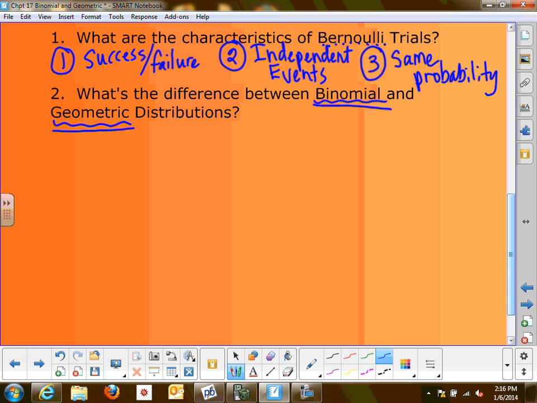All right, so here's what we're dealing with. Let's talk about this idea of binomial versus geometric. A binomial event today is going to be when you have exactly, and I'm going to use a letter, K successes.